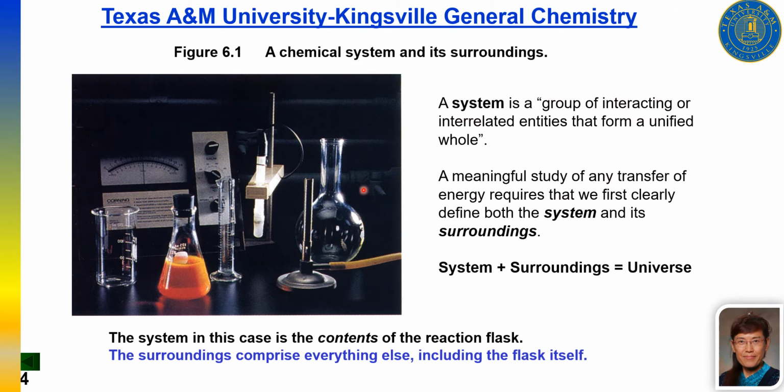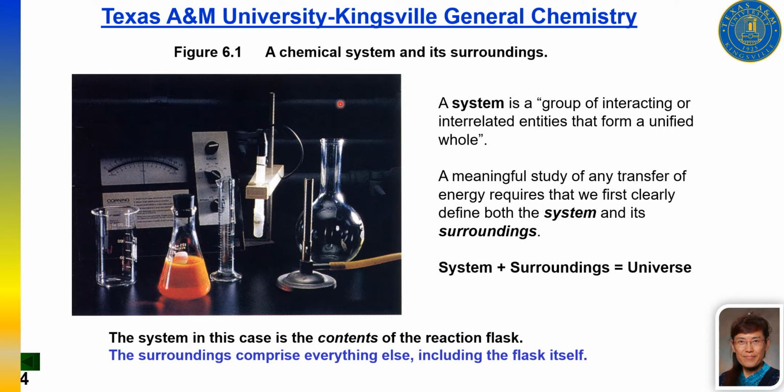So in this slide, you see a beaker, you see an Erlenmeyer flask, you see orange-colored solution, you see a Bunsen burner, and some other devices. So the system, to repeat, is the group of interacting or interrelated entities that form a unified whole.